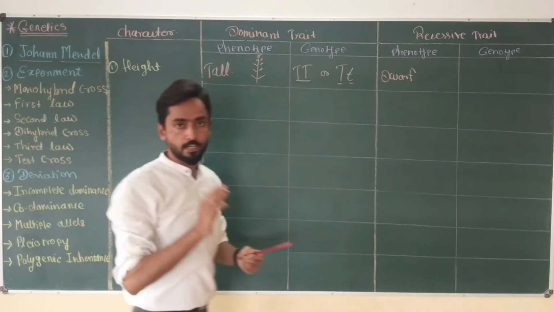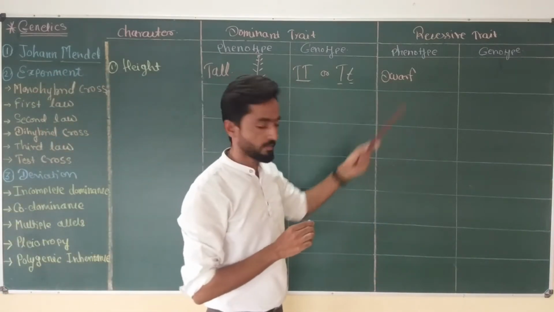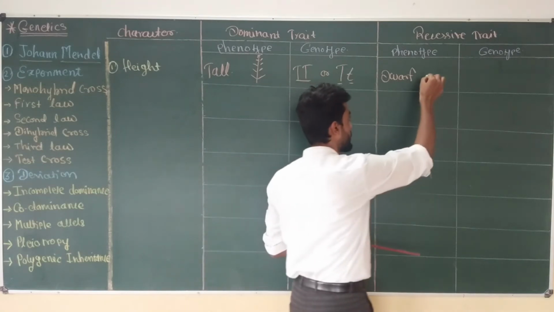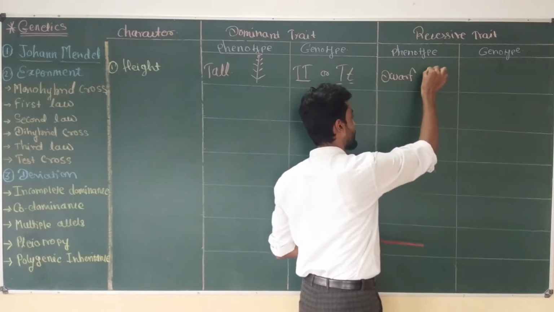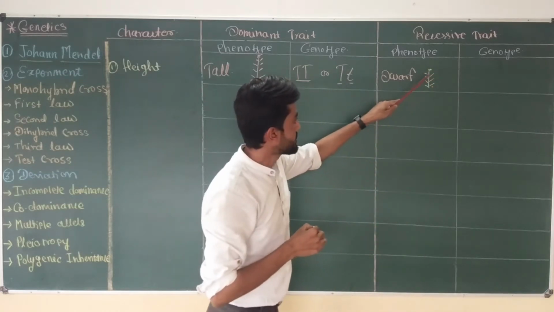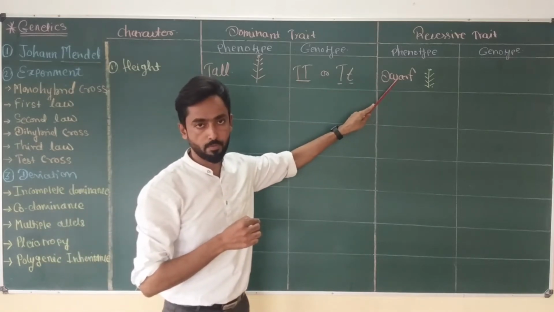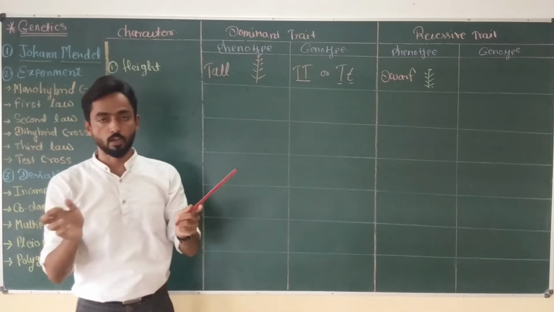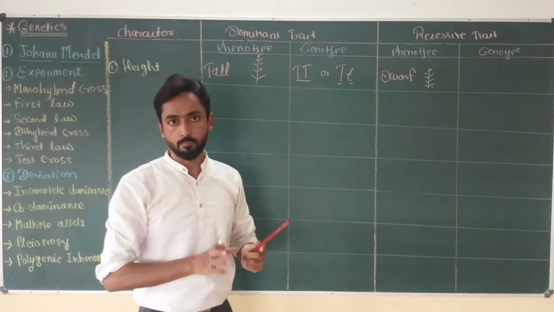In genetics, instead of short, we always call the plant a dwarf plant. In this case the total height of the stem is less. Suppose this is the plant, you can easily compare the height of the tall plant with the dwarf plant. Because they are contrasting characters, one can easily differentiate both by normal observation.